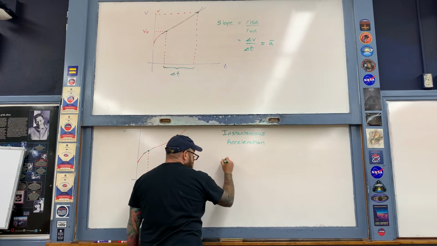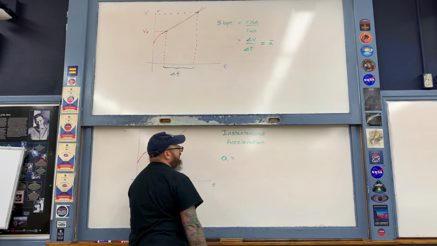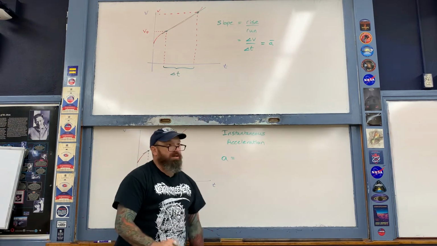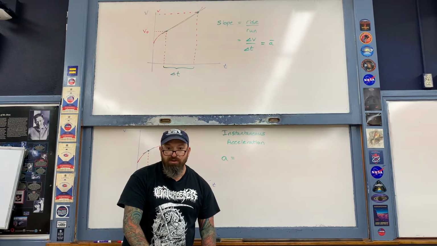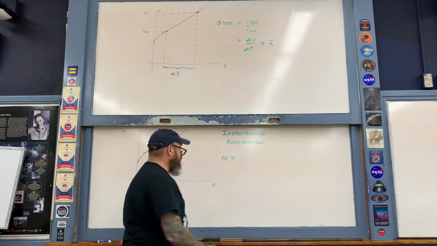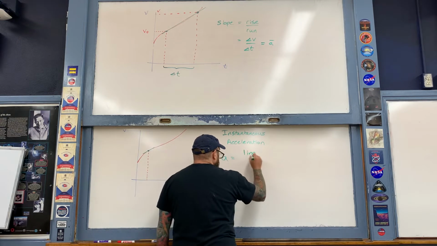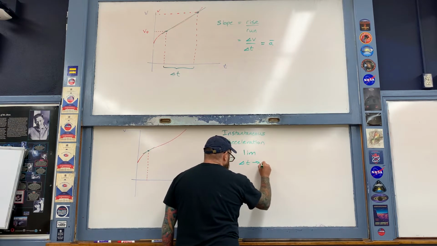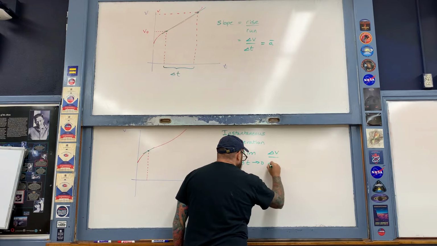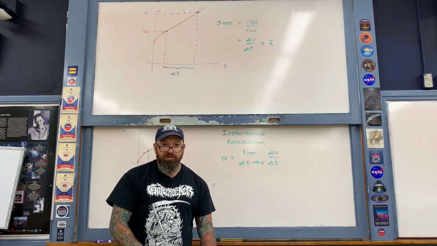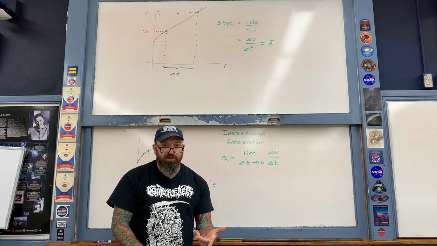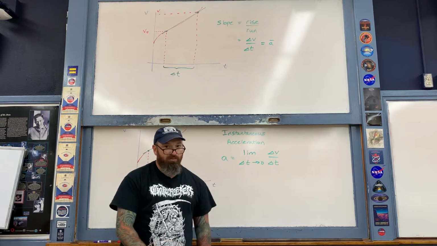So instantaneous acceleration is now written just as a. It's the same thing as the quantity above, but now we take a limit as the time interval shrinks down to zero size. It's infinitesimally small. So we take a limit as delta t approaches 0 of change in velocity with respect to time. Once again, in physics AB, you'll see this qualitative description of a derivative written in the following way.